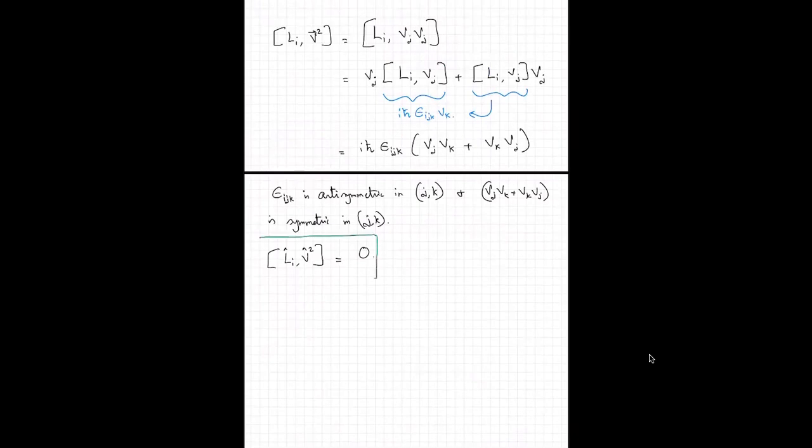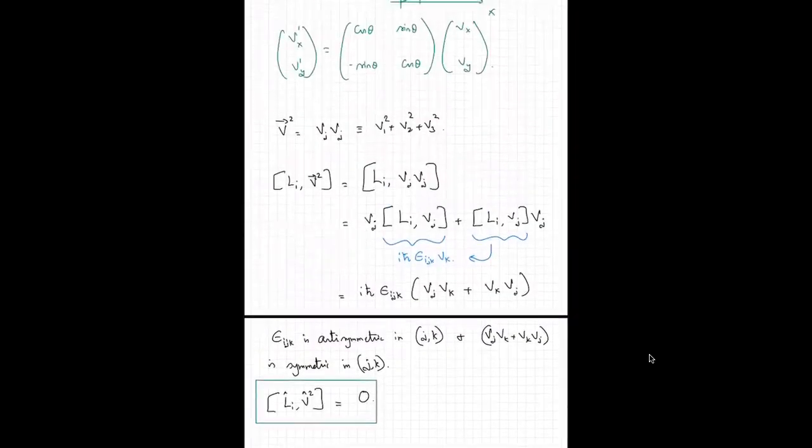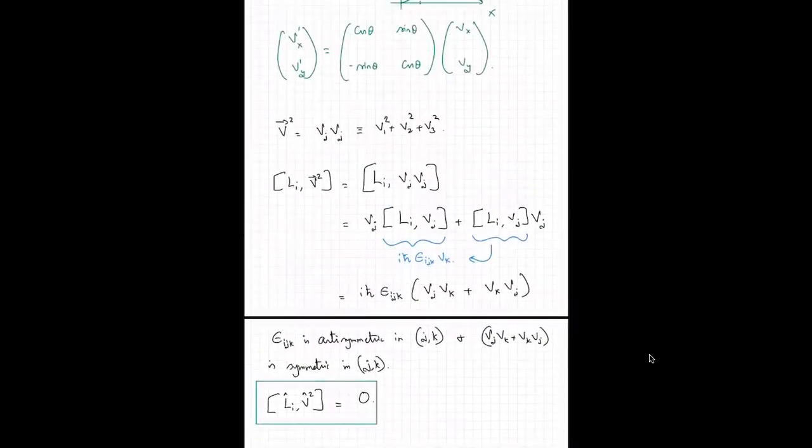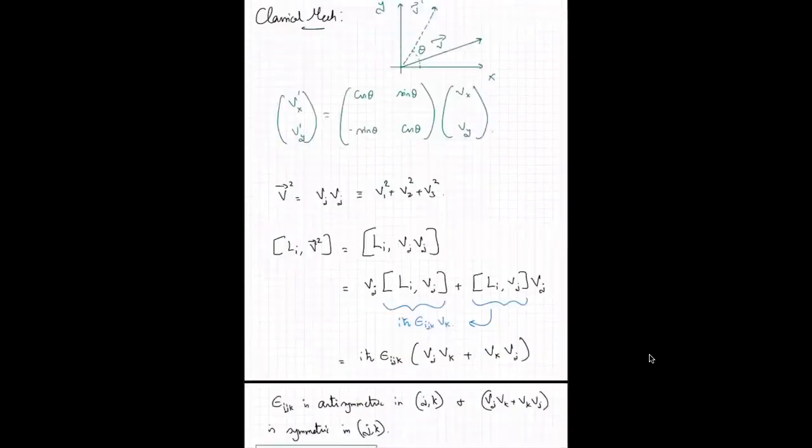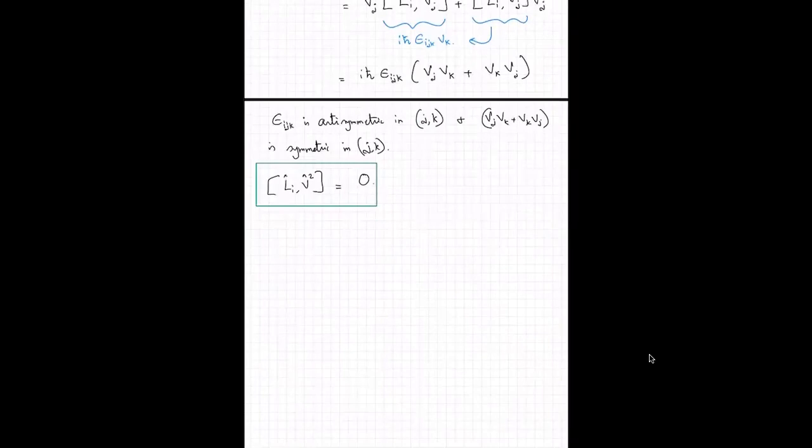The corresponding statement in classical mechanics is that rotation doesn't change the length, where length is a scalar quantity. And in quantum mechanics, the statement is that the components of the angular momentum operator commute with a scalar operator. So this defines what a scalar operator is for you. So a vector operator is one whose components are mixed by the angular momentum operator, and a scalar operator is one which is left unchanged under rotations in quantum mechanics.